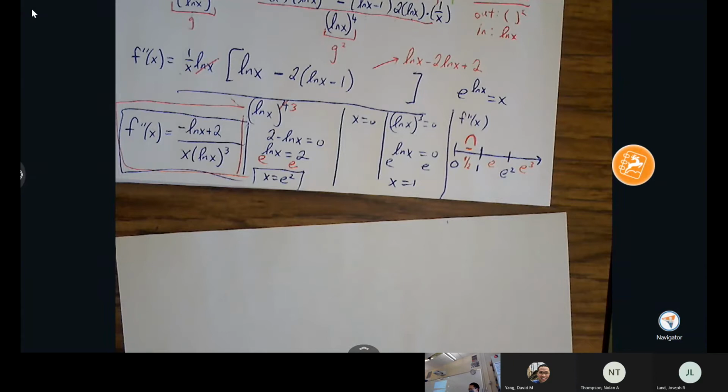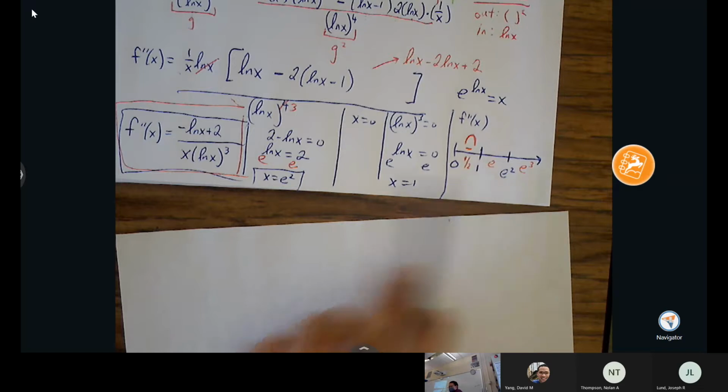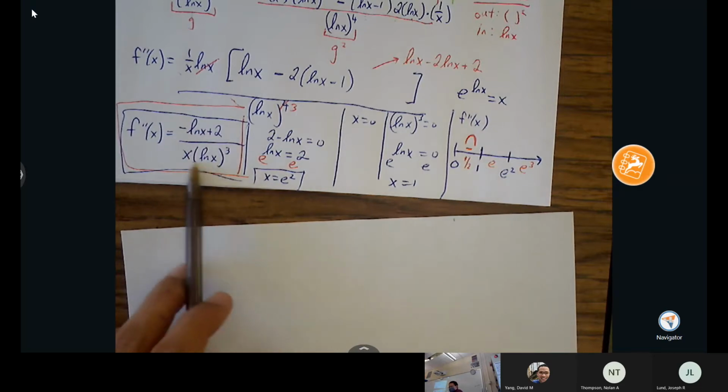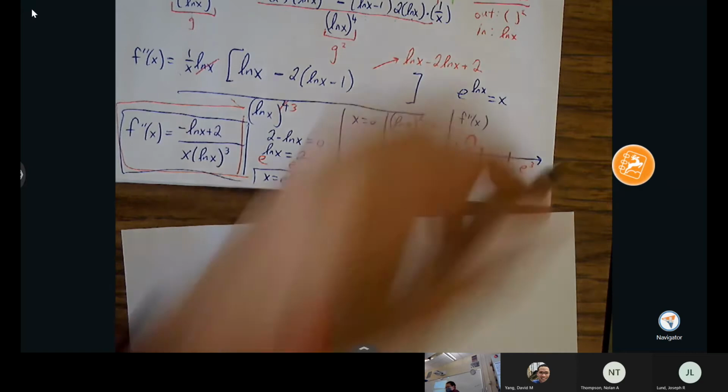Okay, what happens when I plug e in? Natural log of e, that's 1, negative 1 plus 2, that's positive, over a positive, so that's going to be positive.